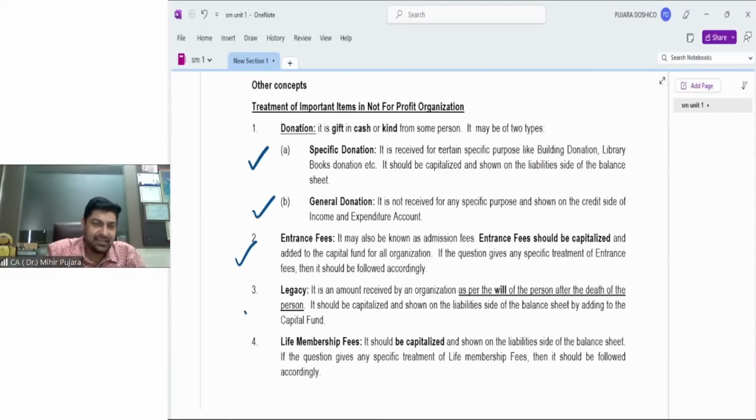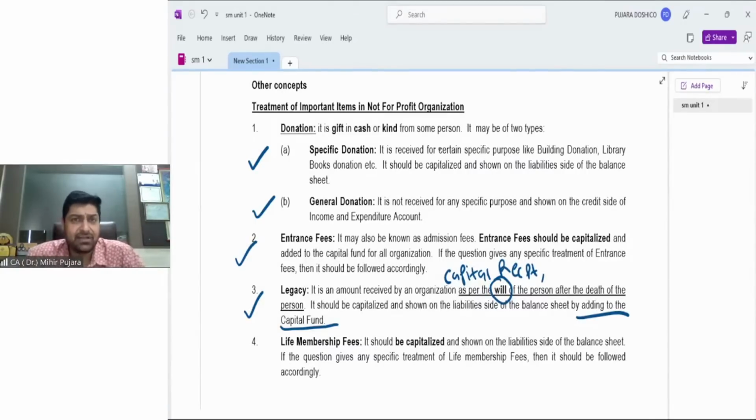Legacy, guys, legacy is as per will, which will be executed after the death of a person, and it is a capital receipt. It is also added to the capital fund.